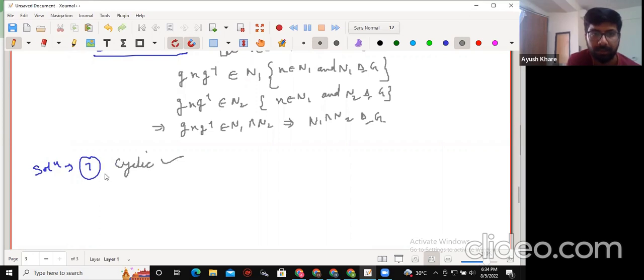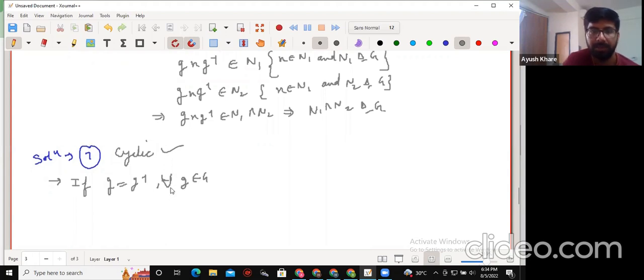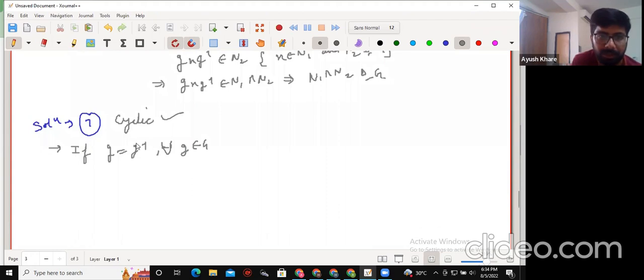And if g equal to g inverse for all g belongs to G, then what can we say about the group G, whether it's abelian or not? See, for abelian, we need to prove that AB is equal to BA, that is gh equal to hg for all g, h in G, right?